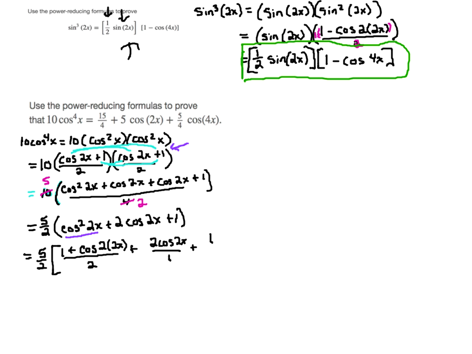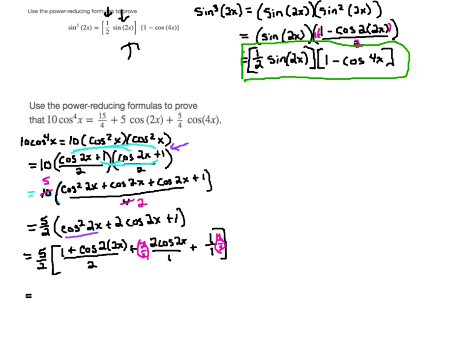I'm sure you already know why, plus 1 over 1. I did that because I need to get a common denominator to be able to add all of those fractions together. So I'm going to come back and I'm going to say, well, I need to multiply this by 2 over 2 and this as well by 2 over 2.